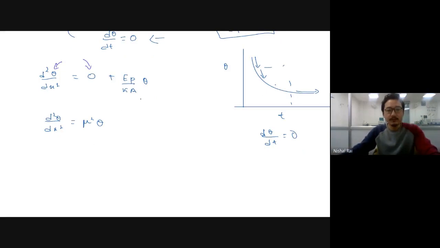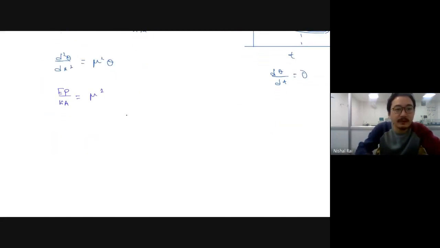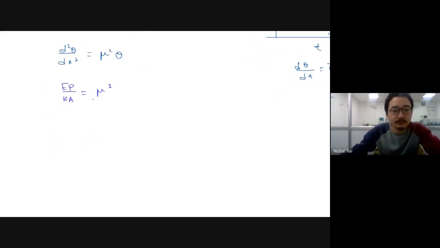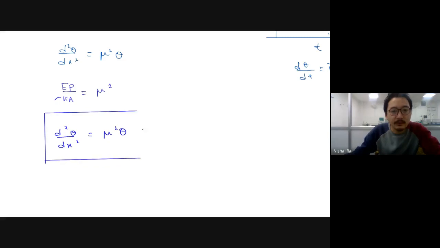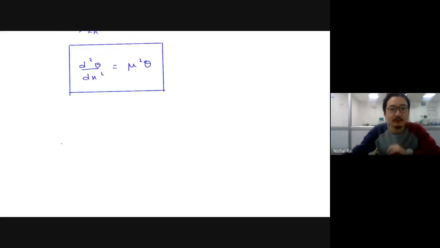So over here, E, P, K and A for a given material are constant, so we'll consider E P by K A as mu square. Substituting that over here, you'll get mu square into theta. Now we'll be able to solve this differential equation. The solution is very simple. The general solution for this is given by what?